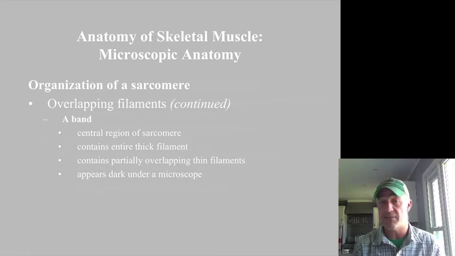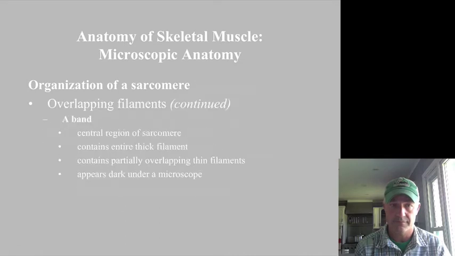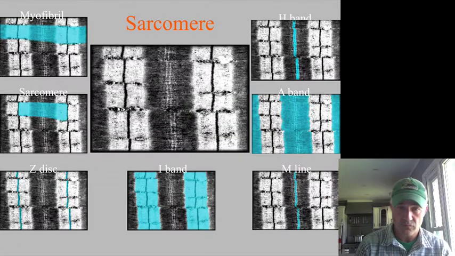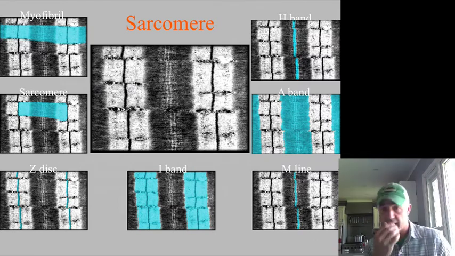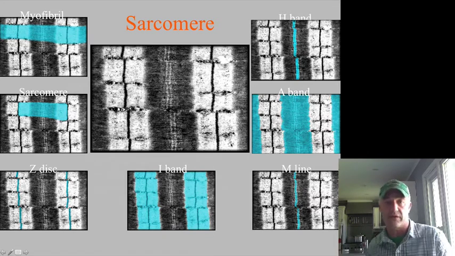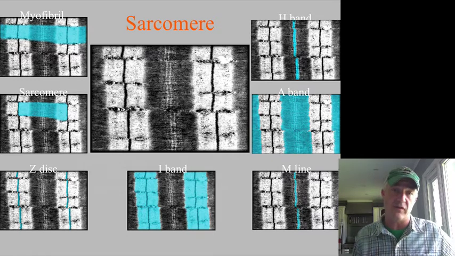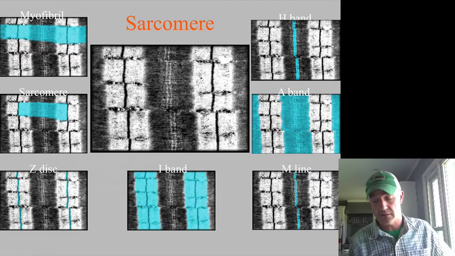That would be the A band. Sorry, I went backwards. So if you're looking at an electron micrograph here, you can see dark, and we can see right here, dark, light, A band, I band, A band, I band, and that repeating over and over again is what gives these muscle cells or fibers their striated appearance.